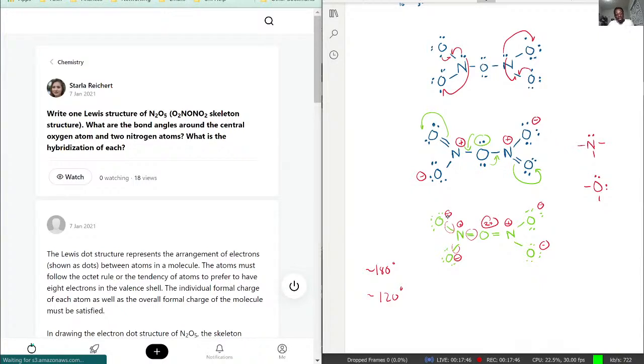So what is the hybridization of each? The oxygen's hybridization, believe it or not, I would actually contest in this case, it wouldn't just be sp3. It wouldn't just be 2 bonds and 2 lone pairs, because the lone pairs are sometimes not there.